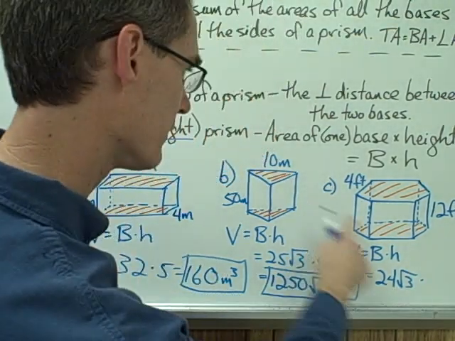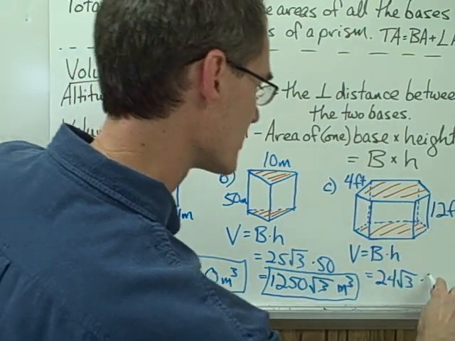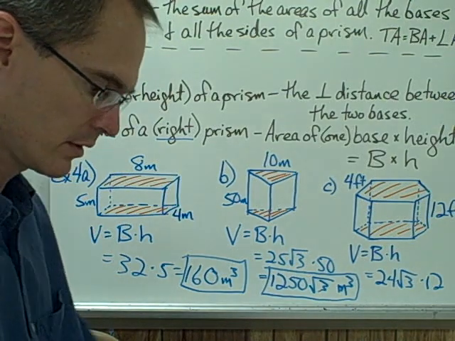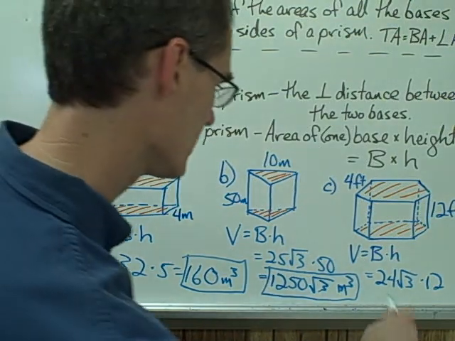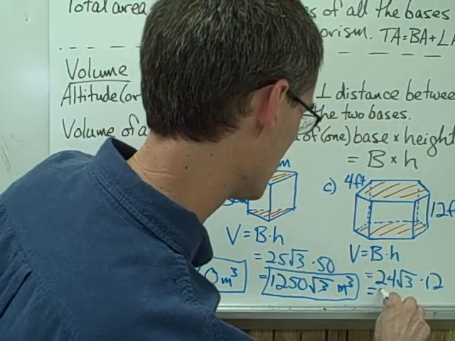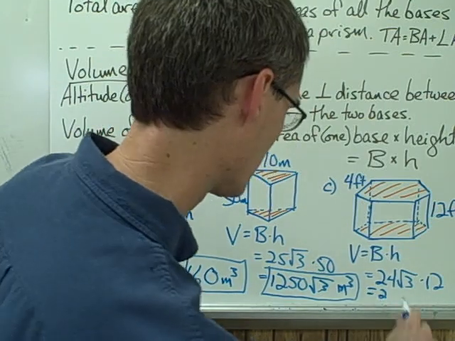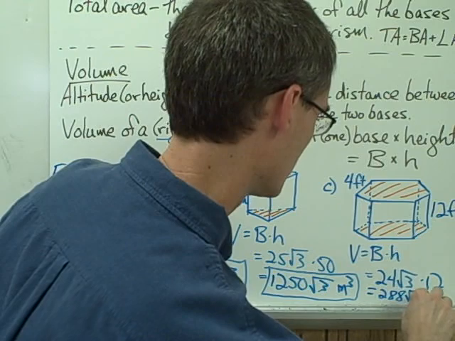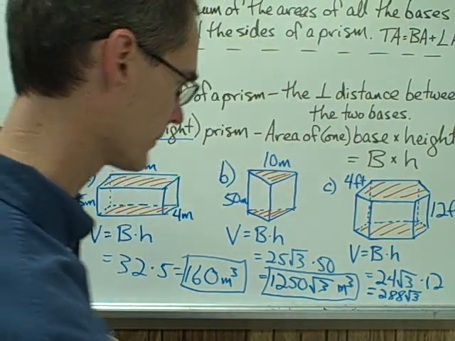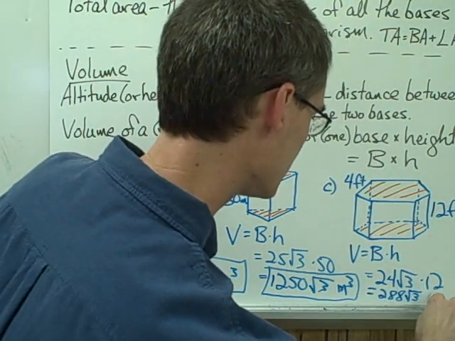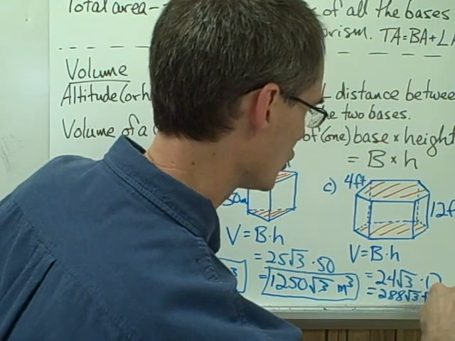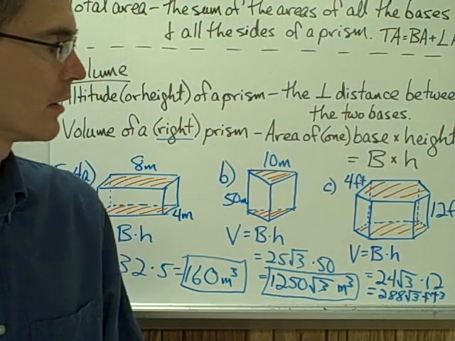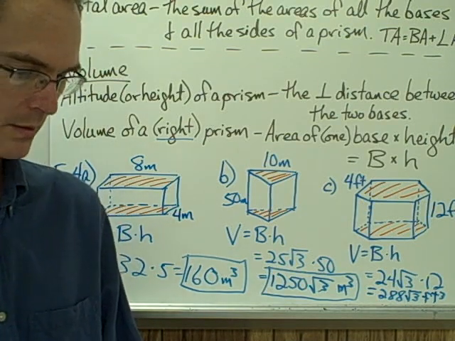The height of my hexagonal prism is 12. So I need 24 radical 3 times 12, and that gives me 288 radical 3, and my units here are feet, so that's going to be cubic feet. So 288 radical 3 cubic feet is my volume.